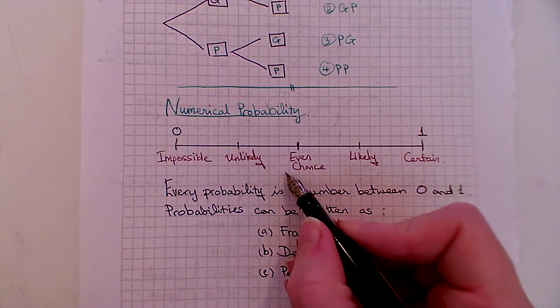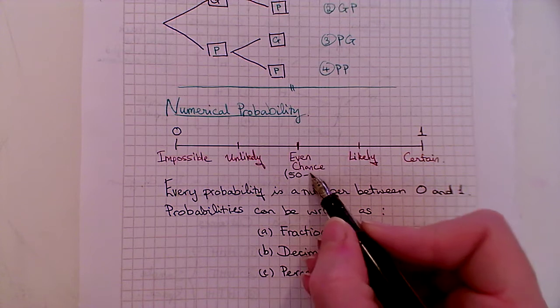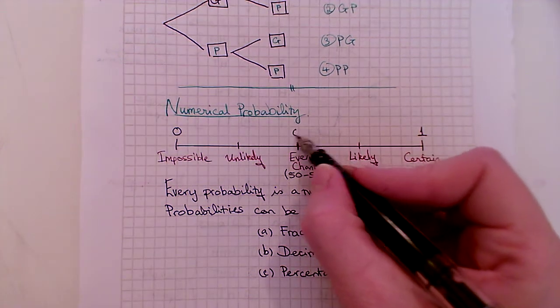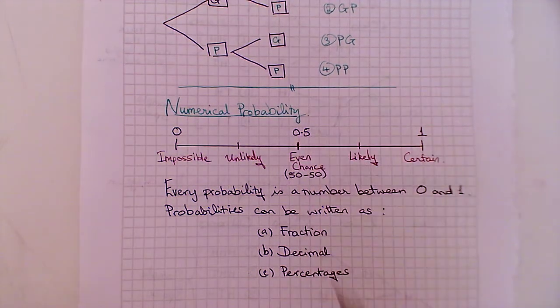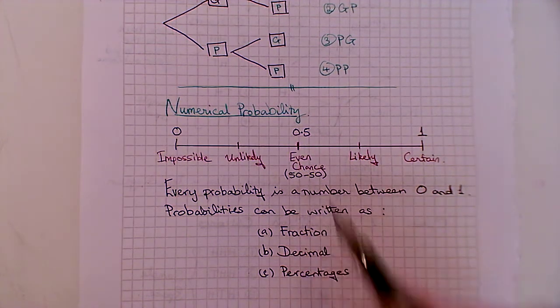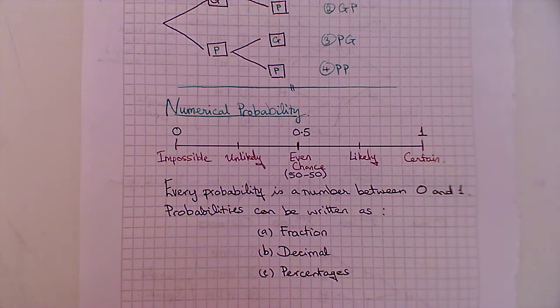And you'll remember from earlier in the week, this is sometimes called 50-50, and that's because it's using percentages. So the halfway point between 0 and 1 is 0.5, and we know that 0.5 is the same as 50%. It's another way of writing it.